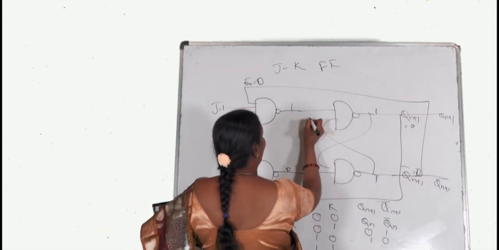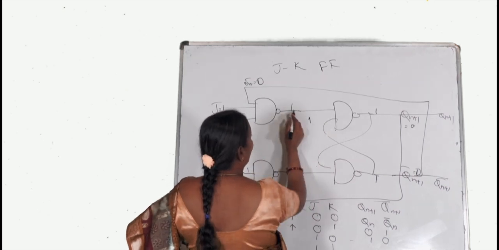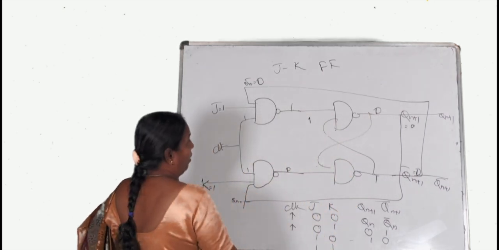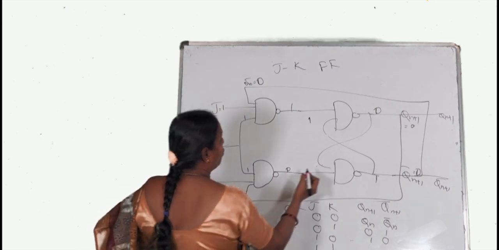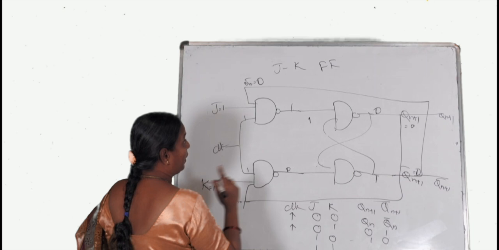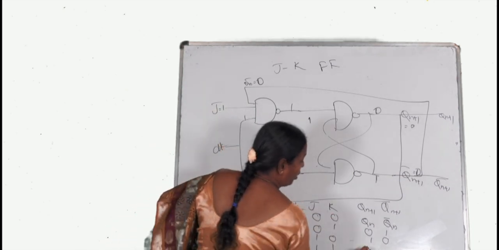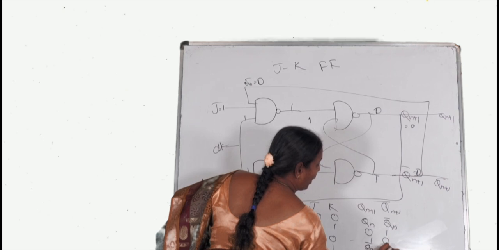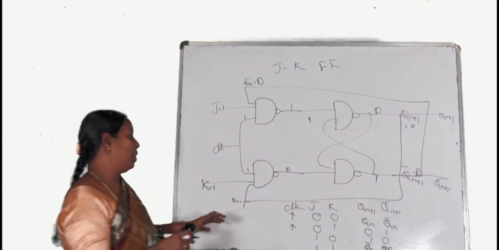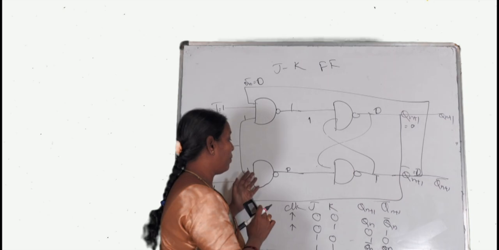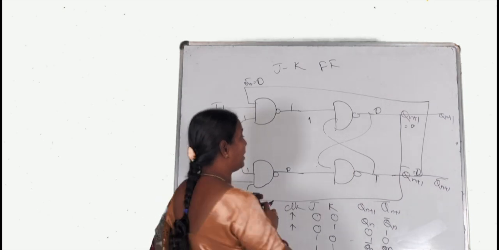As this one is 1 here, 1 1 means you are going to get 0. So it will be the reverse of the value for 1 1, Qn bar and Qn. So whatever the race around condition problem present in SR flip-flop was overcome by using JK flip-flop.